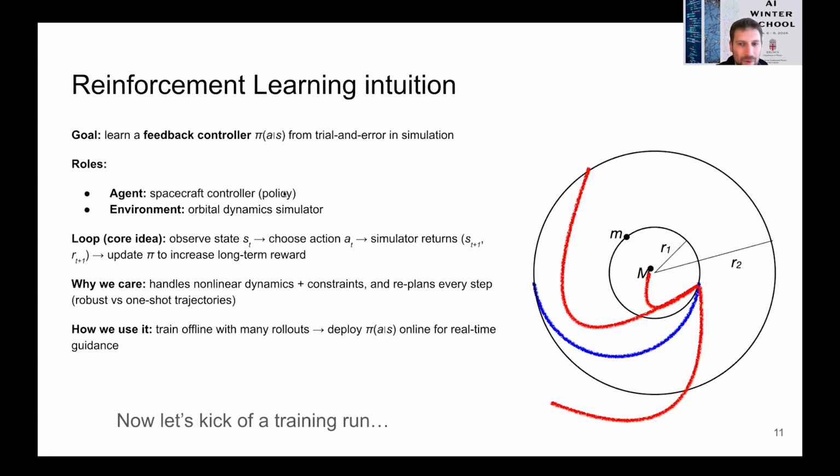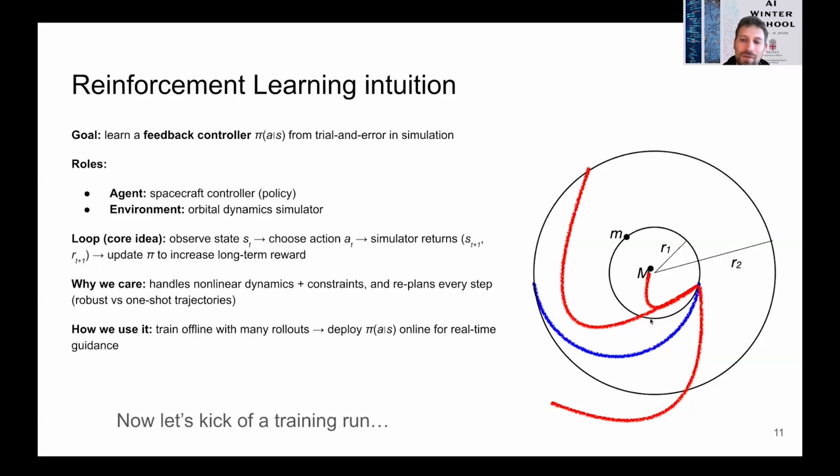So it's kind of this iterative process where you simulate trajectories. And in this diagram over on the right, we show many trajectories that you could imagine if you start your orbital transfer at R1. Some might burn in a way which causes you to crash into the central mass, big M, and that's shown by one of these red trajectories.